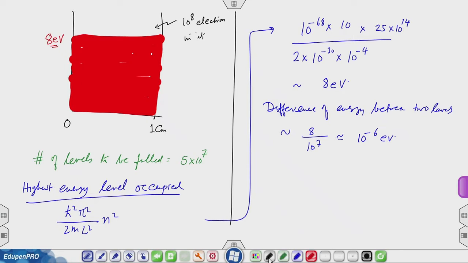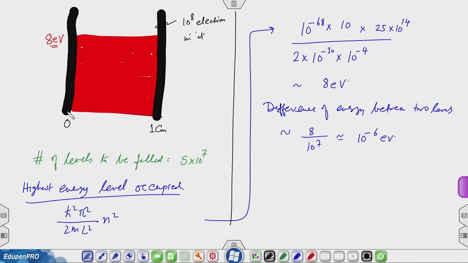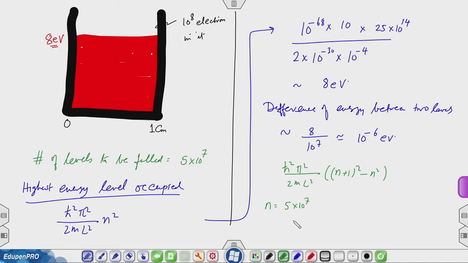Let me make the outer line also thick. If you want to calculate the exact difference, it will be h cross squared pi squared over 2 m L squared times (n plus 1) squared minus n squared, and for n equals 5 times 10 raised to 7, this comes out to be about 3 times 10 raised to minus 7 eV.